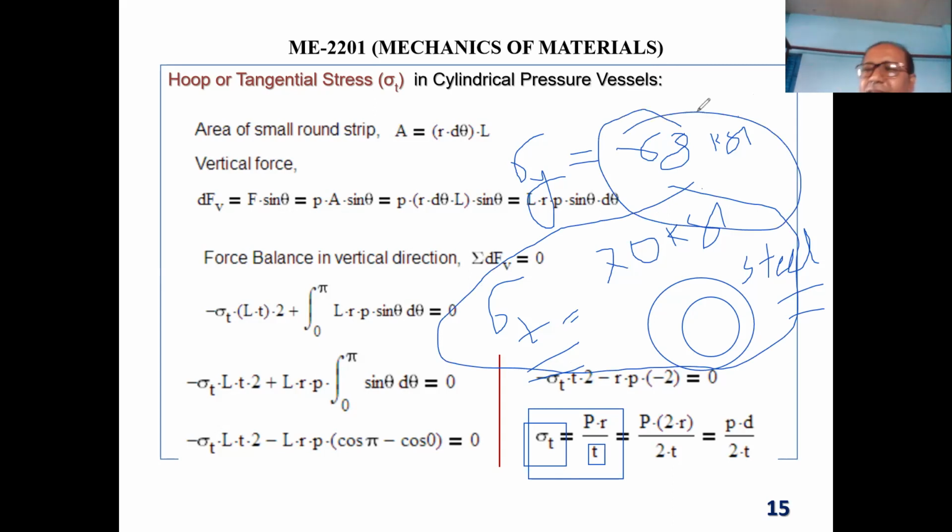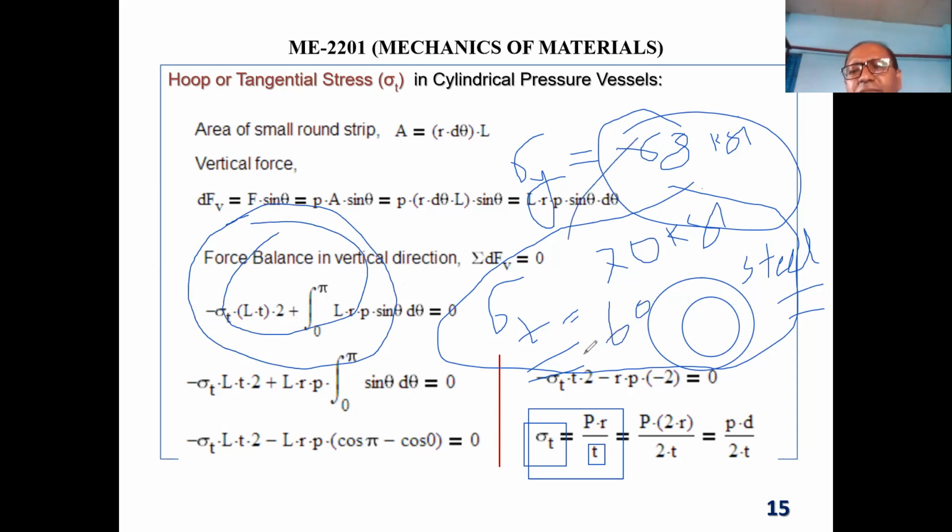So your design has failed. Now, how can we fix it? You increase the thickness, right? Then your stress sigma T might come down, say to 60 KSI. Then you are safe because the tangential stress becomes less than the yield strength.